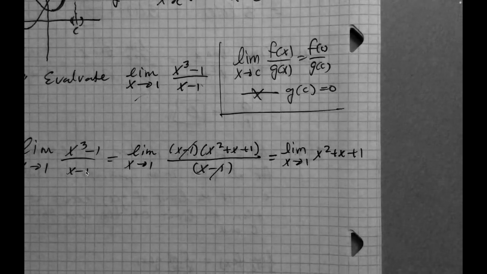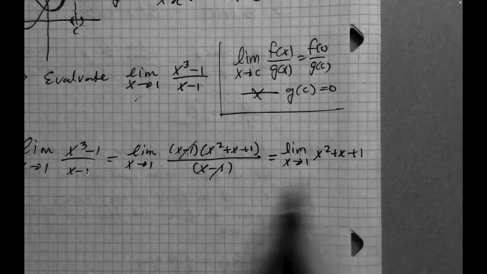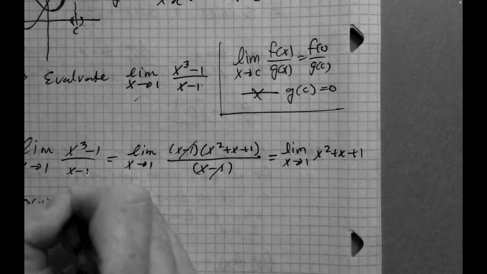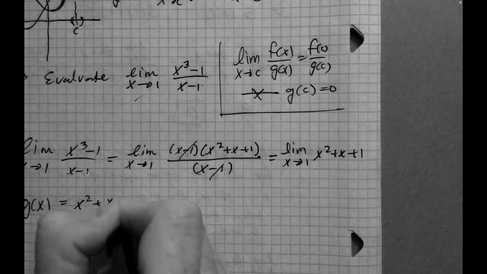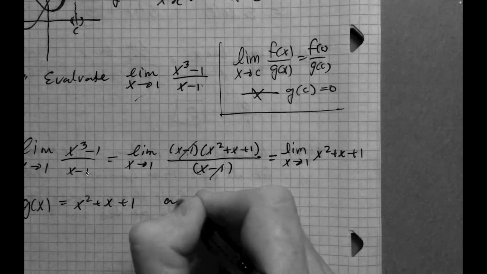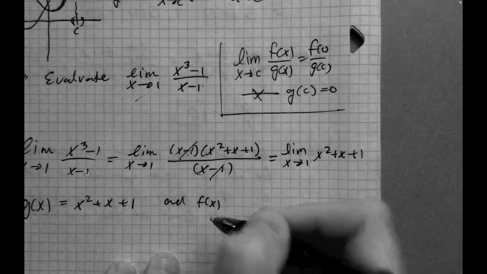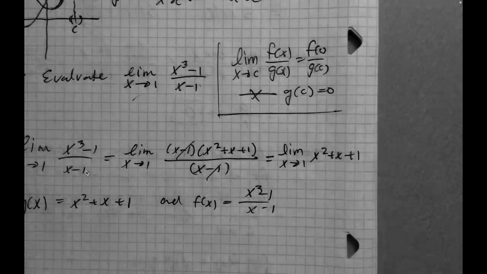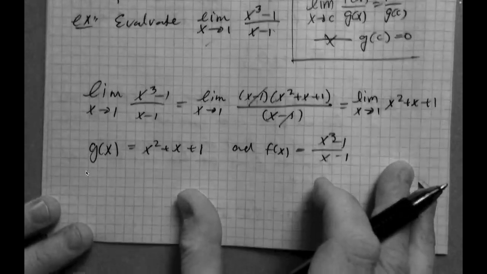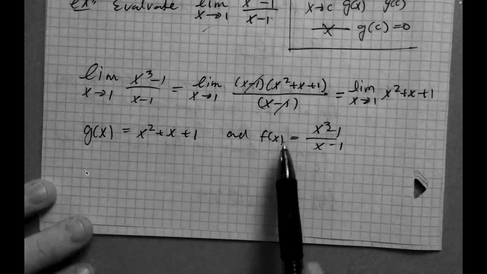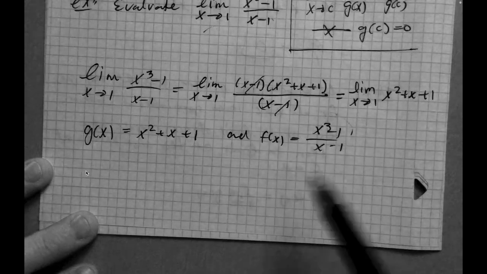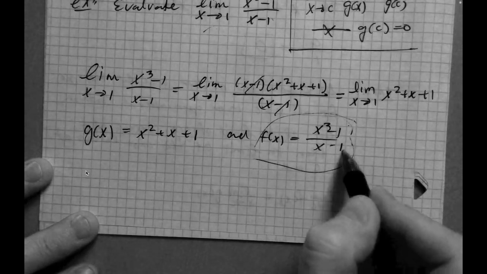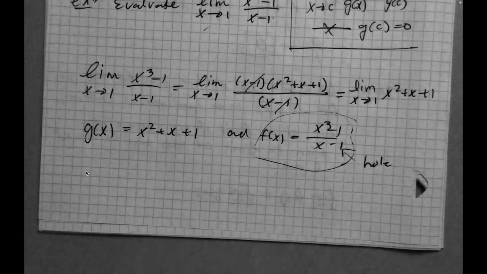Now, if you think of g of x as being this function and f of x as being this function, so f of x is the original function that has this hole at x equals 1.